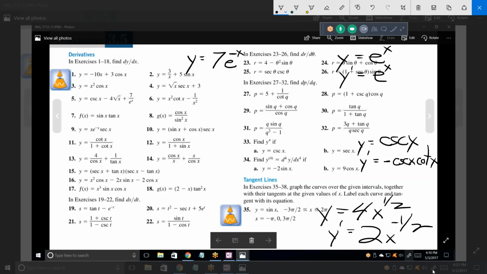But the derivative of e to the minus x, you have to apply the chain rule. So when you take the derivative of the outside, you get 7e to the minus x, but then you have to multiply that by the derivative of the inside. What's the derivative of minus x?